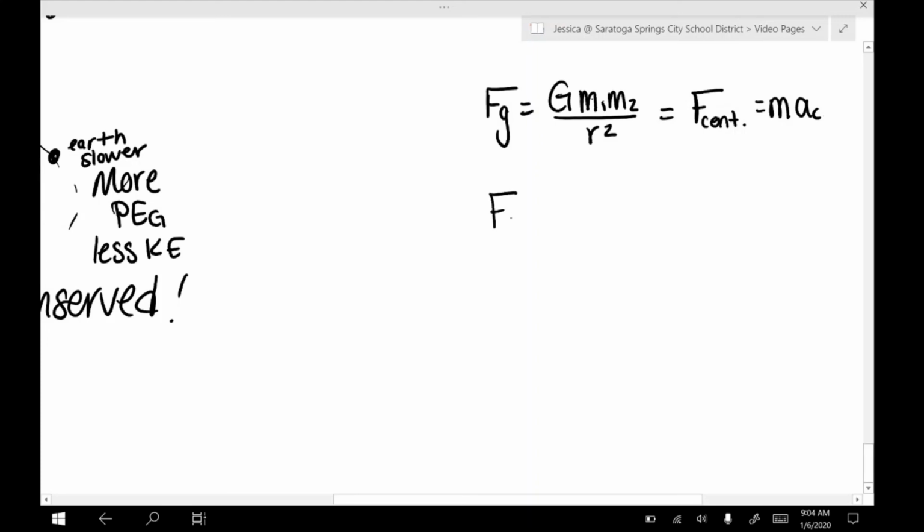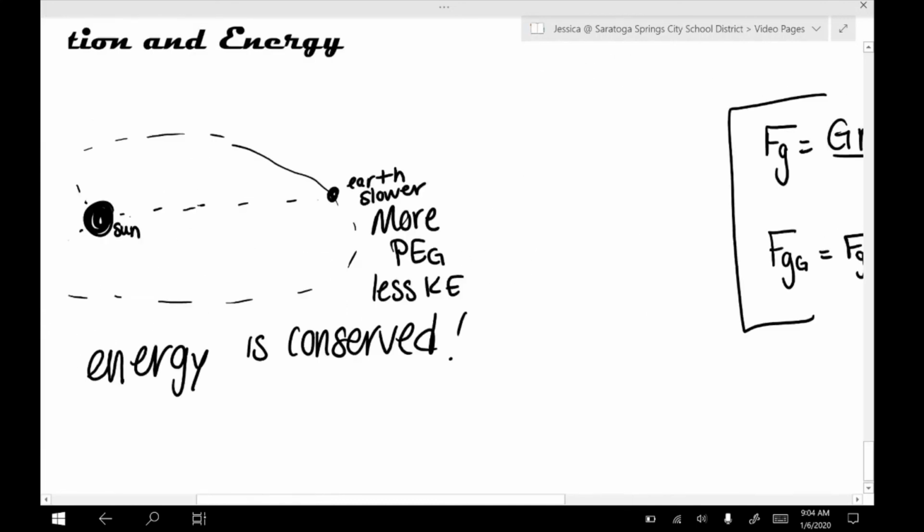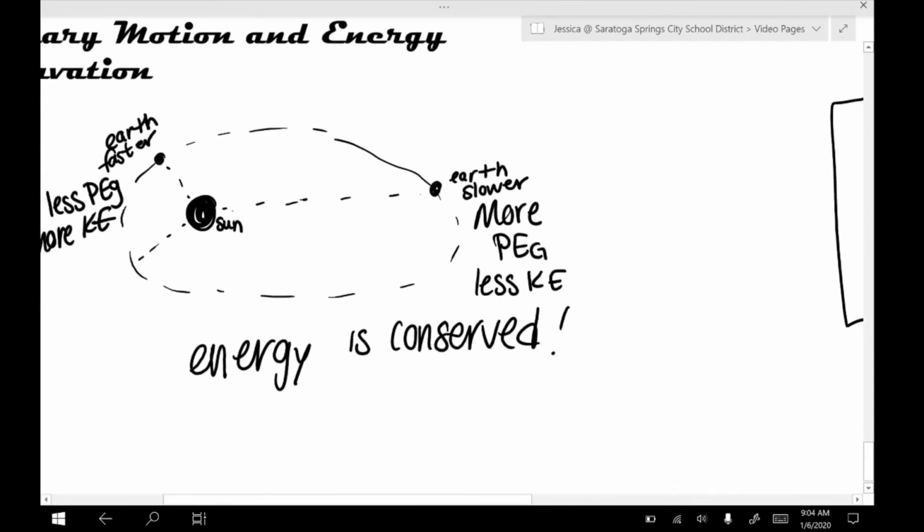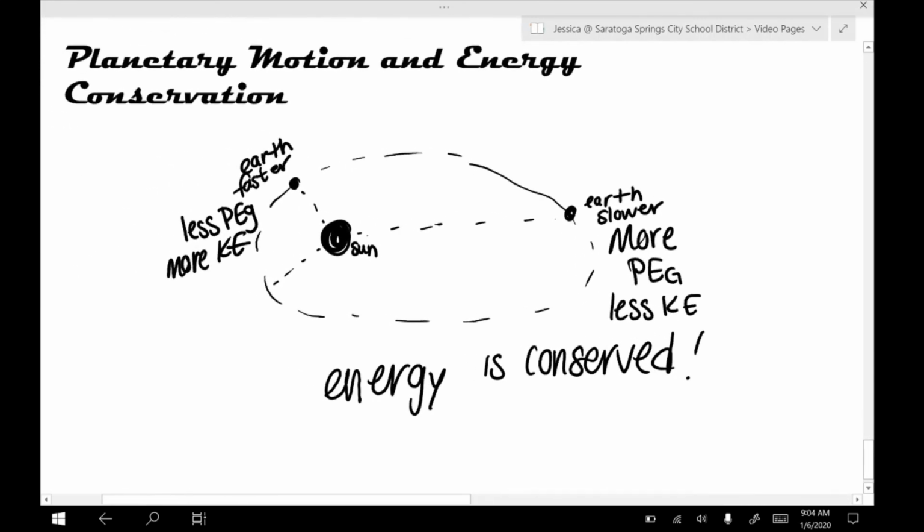And also the idea that the two Fgs are the exact same Fg, and from that we can get that the acceleration due to gravity, or the gravitational field strength, is G times the mass of the planet over the distance from center squared. Again, these are the two major takeaways. The potential energy stuff is more of a side topic, but also most commonly asked in this planetary motion type problem. And that is it for gravity.